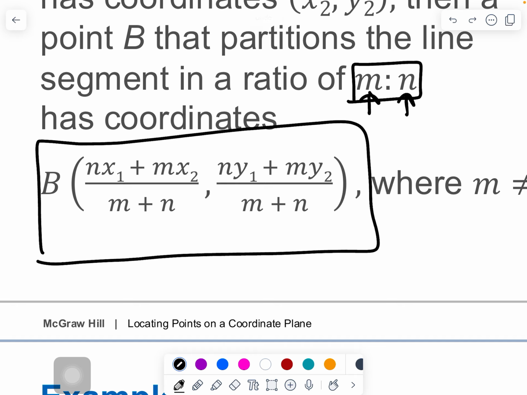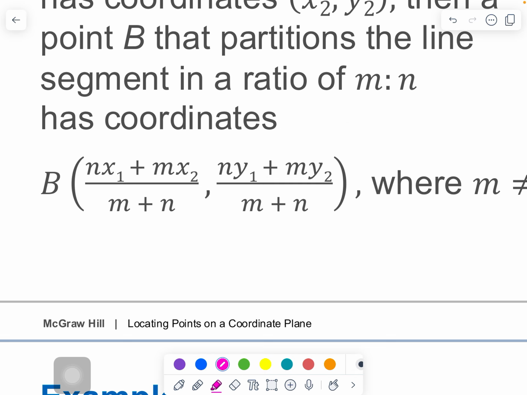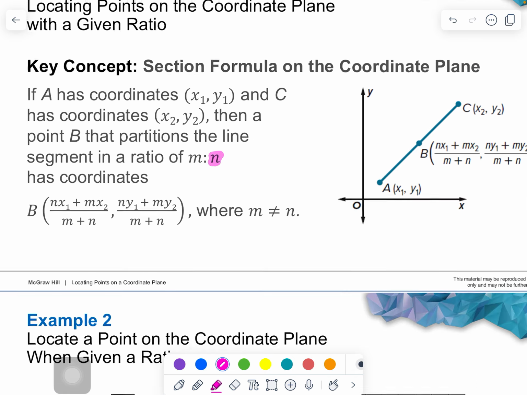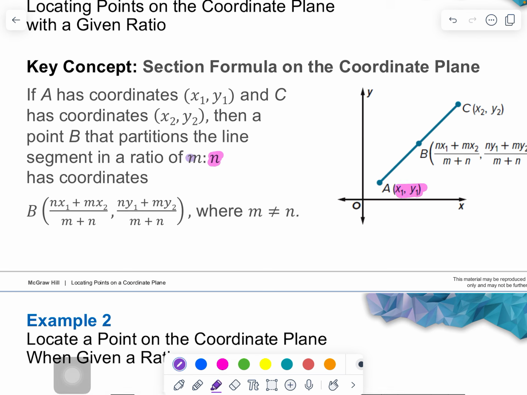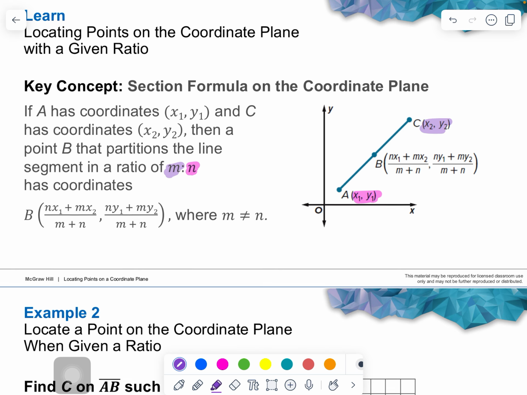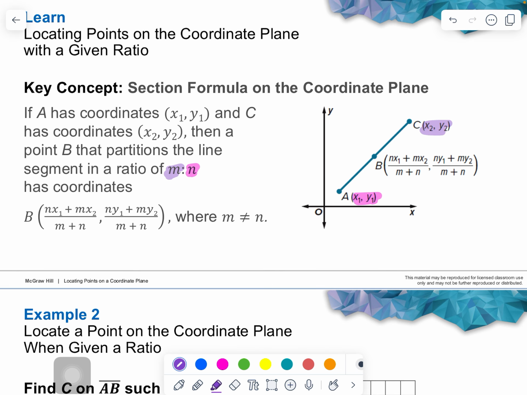But the n multiplies with x1 and the m multiplies with x2. So this multiplies with these guys, and this multiplies with these guys in the equation, if that makes sense.